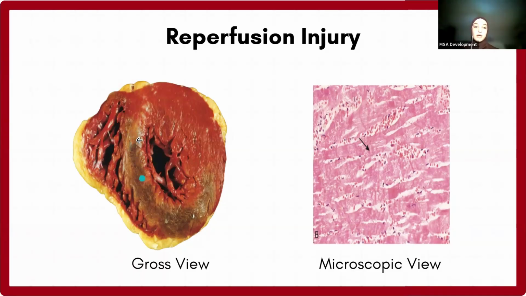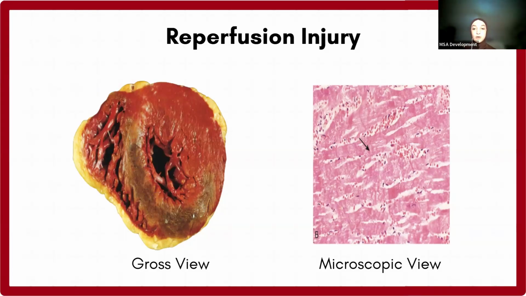And edema also occurs. Because of all of this happening, the edema and the reintroduction of oxygen into the system, the color of the myocytes will not appear as yellow. It's going to appear brownish in color, and the hemorrhage contributes the most to this color change.